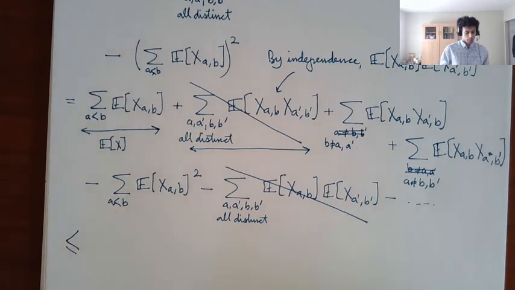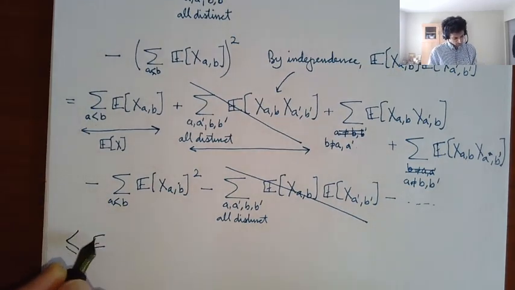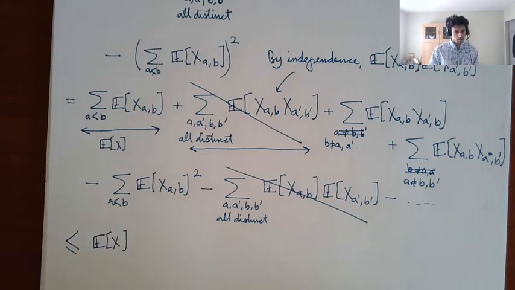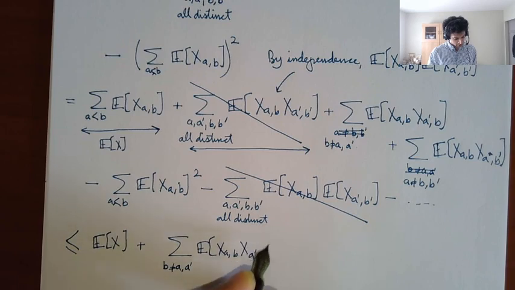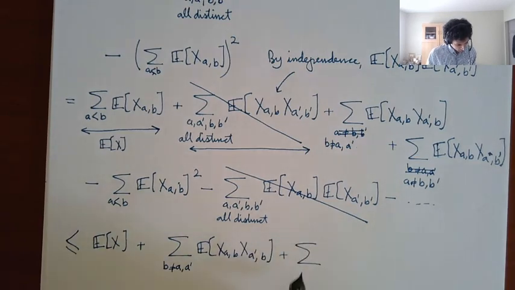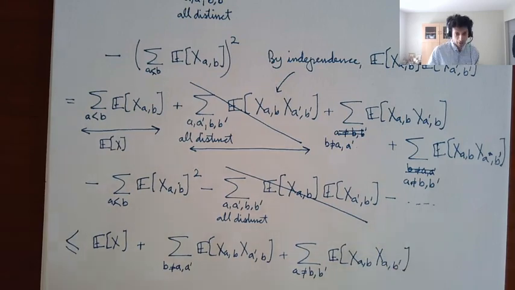So I could just upper bound this by the expectation of X plus the summation over B not equal to A, A prime of the expectation of XAB XA prime B, plus the sum over A not equal to B prime of the expectation of XAB XAB prime.